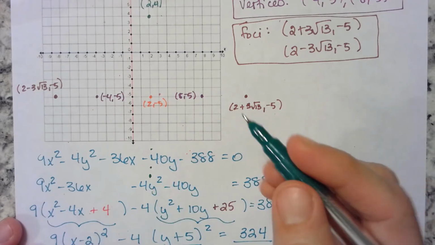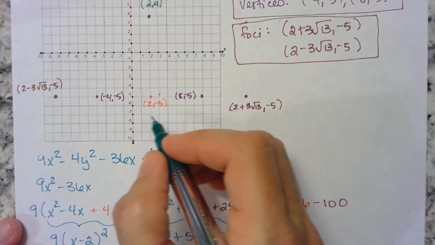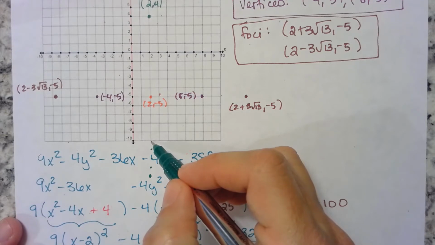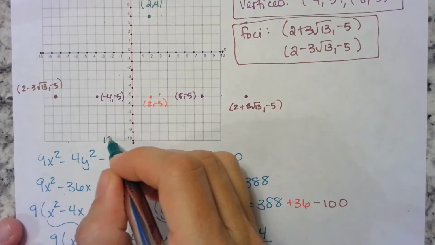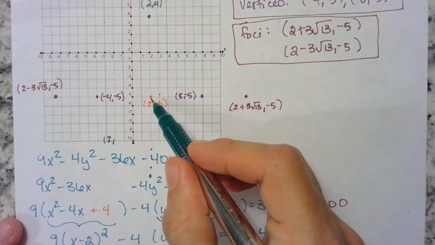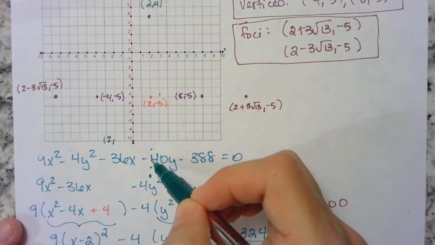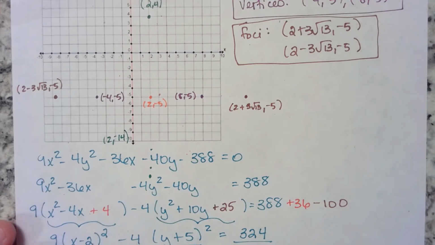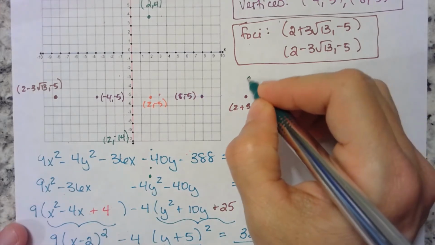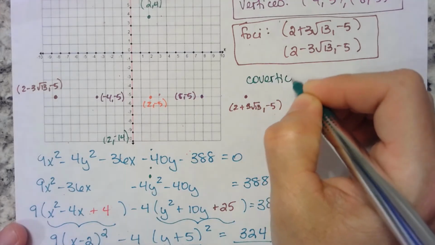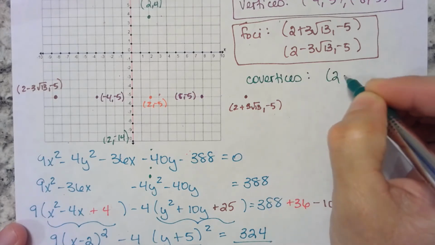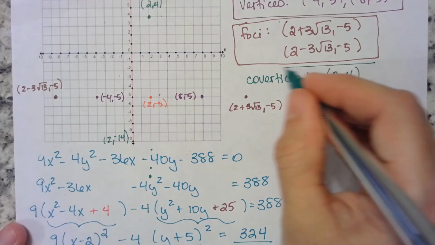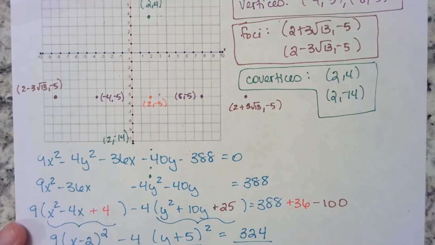That is the point 2, something. 2, that's -10, 11, 12, 13, 14. 2, negative 14. So we now have our covertices. They are 2, 4, and 2, negative 14. So now all we're missing is our asymptotes and then sketching the graph.